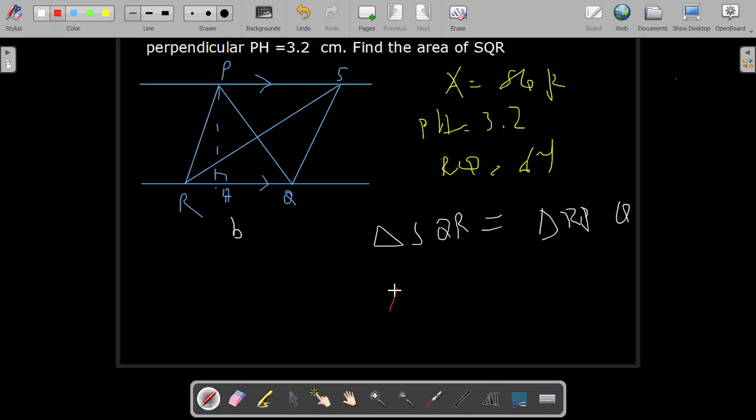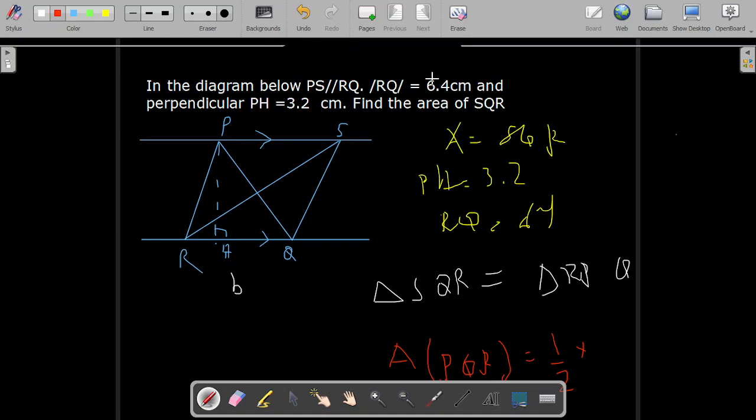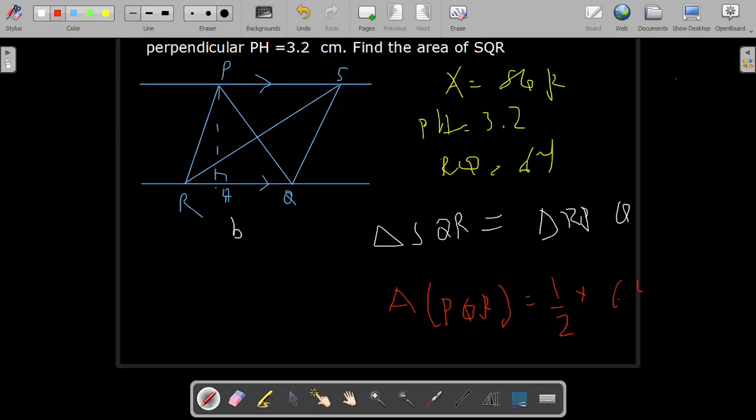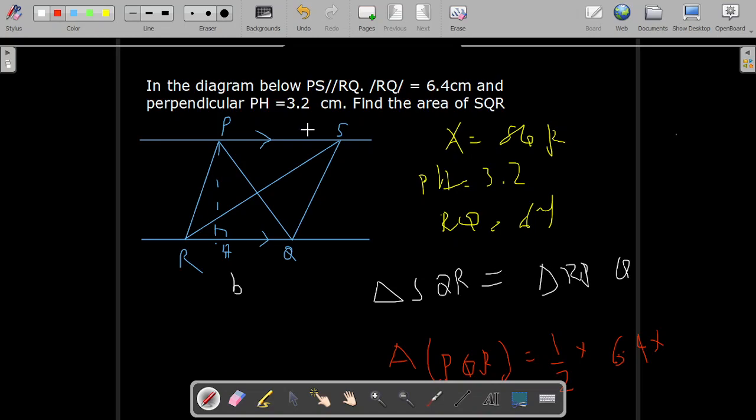So let's proceed. The area of PQR will be equal to half base times height. That's 1 over 2 times the base here, which is 6.4, times the height here, which is 3.2.